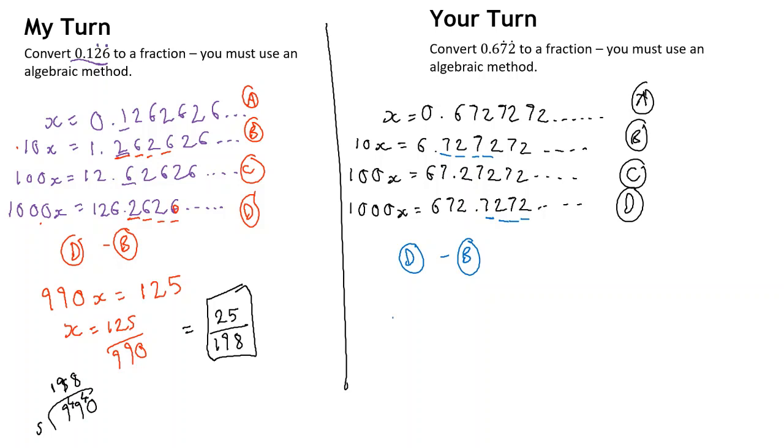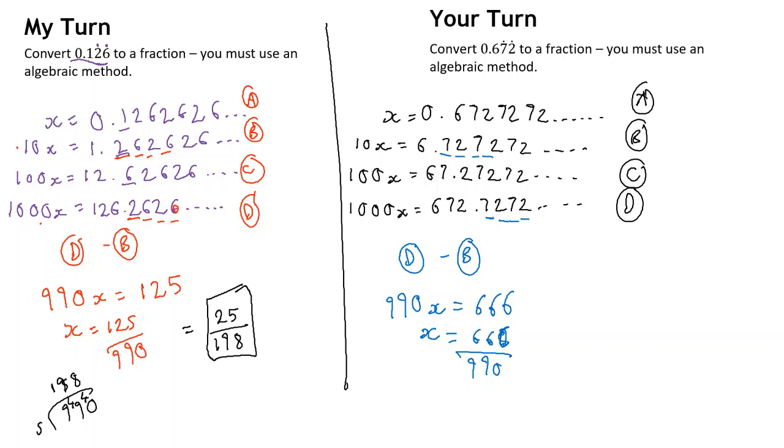1000x take away 10x is 990x. And then we're doing 672 take away 6. Now 672 take away 6 is actually 666. Okay, so we've got 990x equals 666. So therefore x equals 666 over 990.